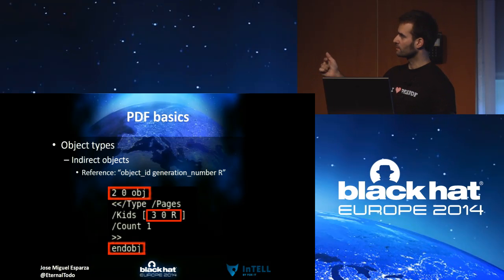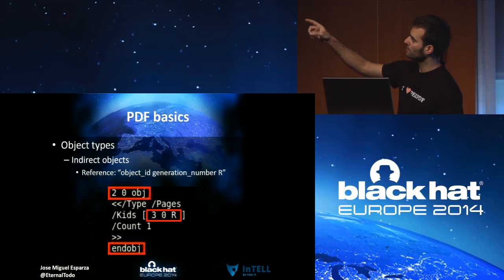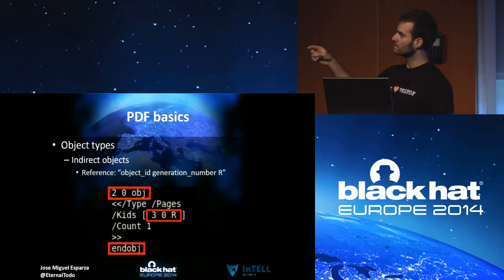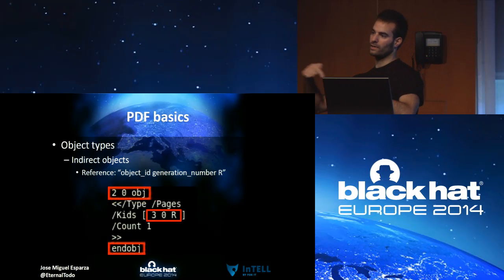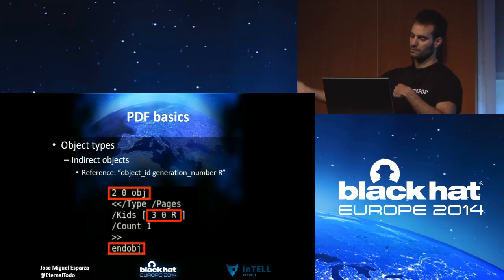This Pages object means that it contains all the pages of the document. In this case, it's just referencing one object, 3 0 R. So object 3 is the only page of the document. You can reference another object from inside an object and chain it.